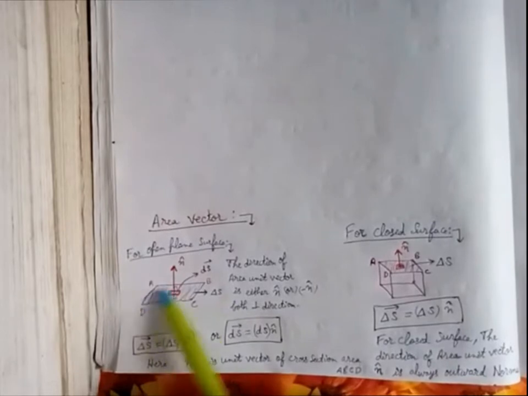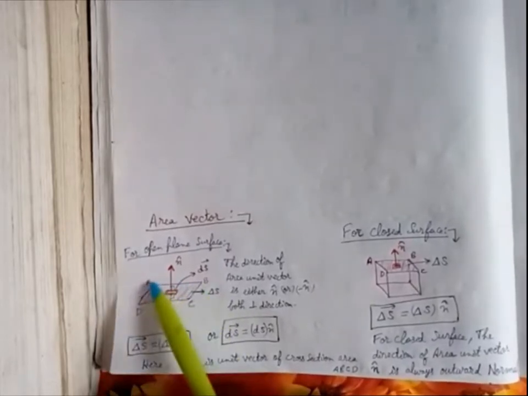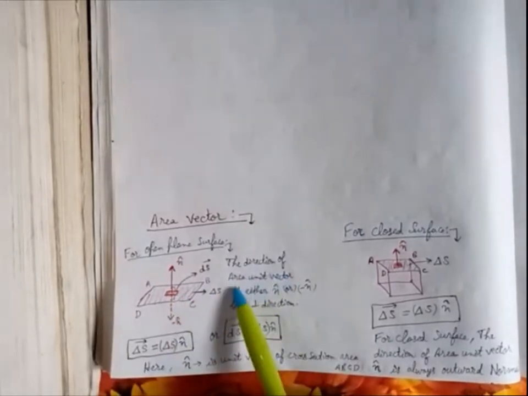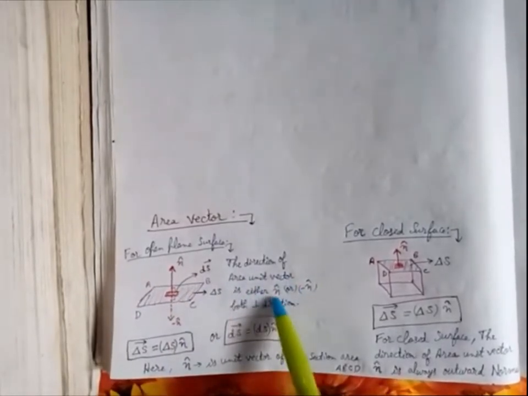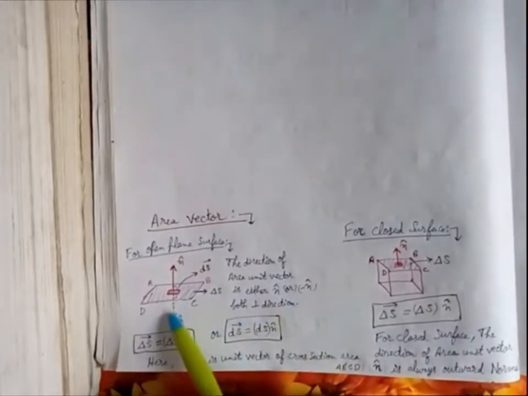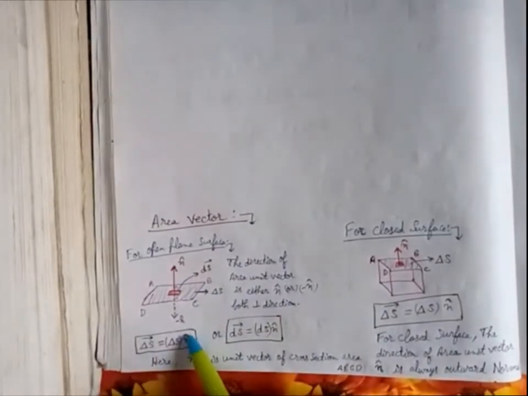that is the surface of this open plane surface, then the direction of the area unit vector is either n cap in upward direction or it will be minus n cap in downward direction.